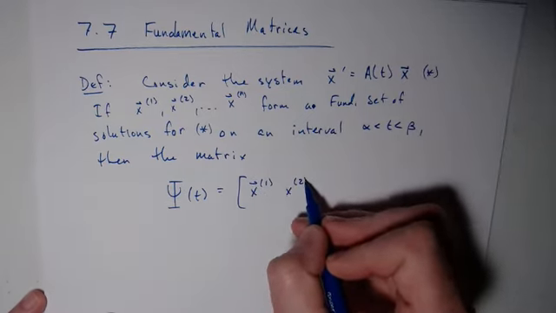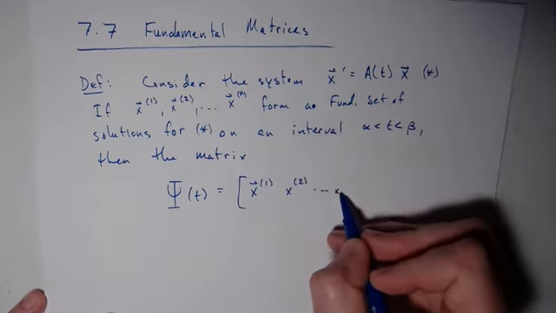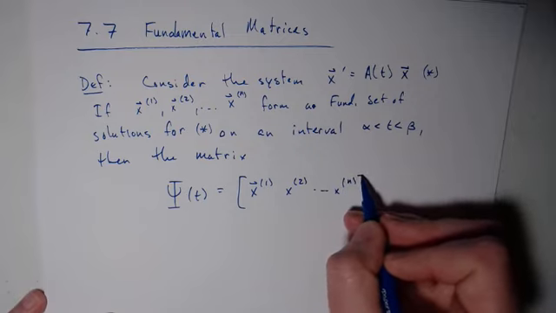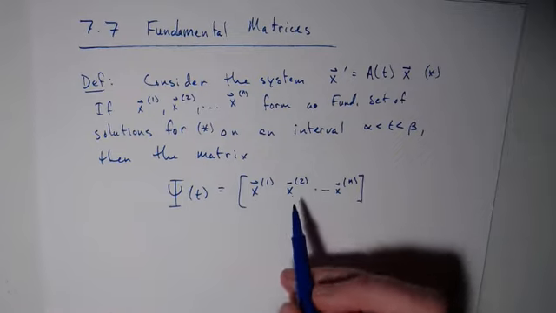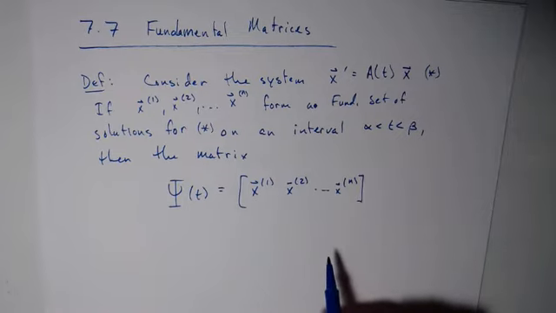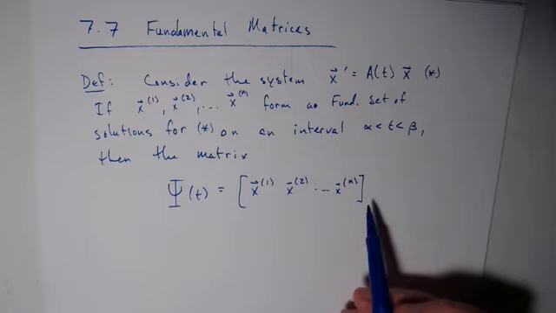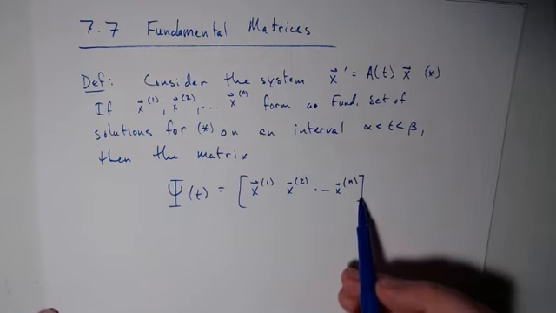Just put your vectors into your matrix. Our vectors have tended to be two-dimensional because we've been doing 2x2 systems, but you could have n be a larger number.